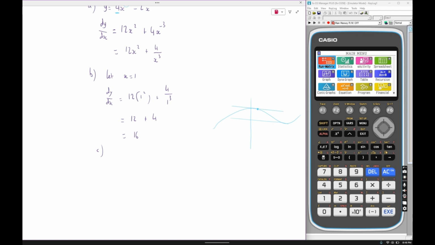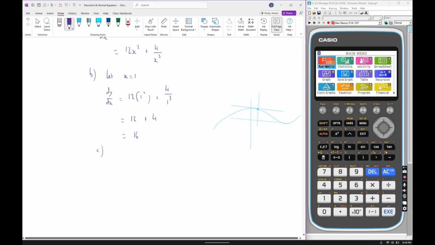I've got a tangent right at that point. The normal is going to be perpendicular. It's going to be perpendicular to the tangent right at a given point. So this is useful information.